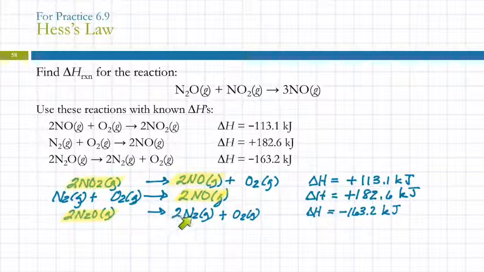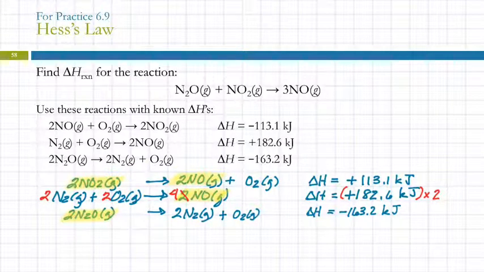So here I have 2 N2 molecules, or 2 moles of N2. Over here I only have 1. So if I multiply that second equation by 2, if I put a 2 here and a 2 there, then this becomes a 4. And then I have to multiply delta H by 2. Now I have 2 N2 on the left side as a reactant and 2 N2 on the product side.